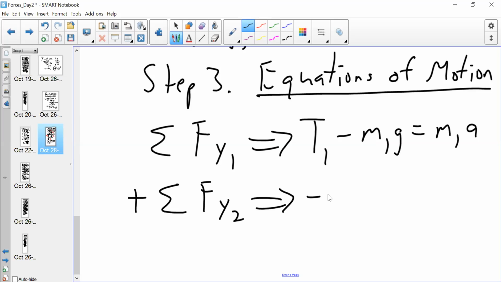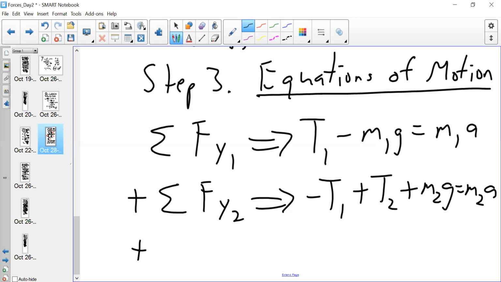So we have negative T1 plus T2 for the second mass, because T2 is moving with the acceleration. And then we also add the weight of the second mass, M2G, and that's going to be equal to M2A. All the forces for the second mass add up to mass times acceleration for itself. So M2A, just like we had M1A up top.